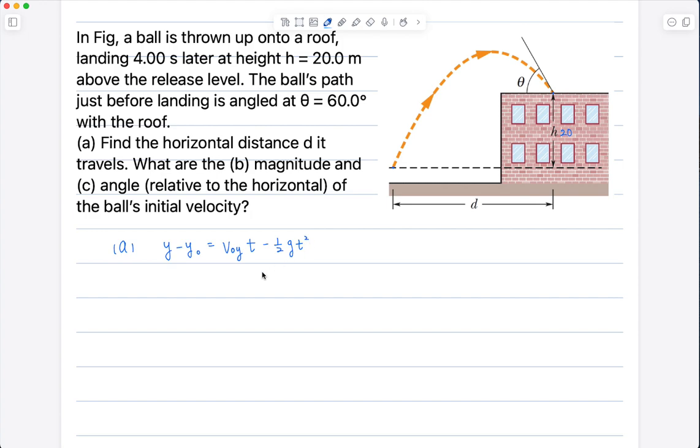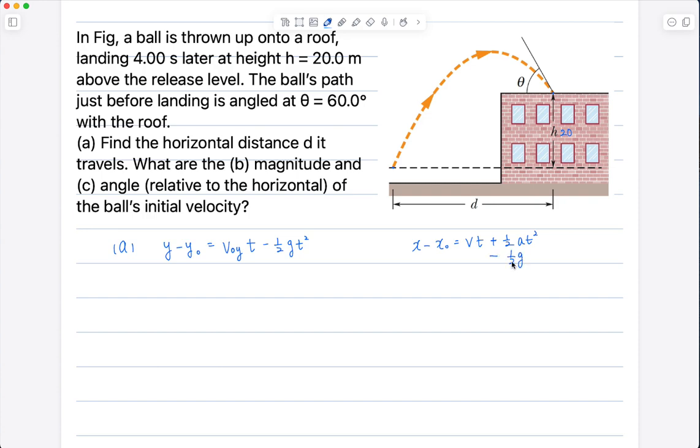Some students ask me why we're using a negative 1/2 g t squared, because we learned earlier that x minus x0 was v t plus 1/2 a t squared. But when solving this question, I use the acceleration a as minus g, so minus 1/2 g t squared.